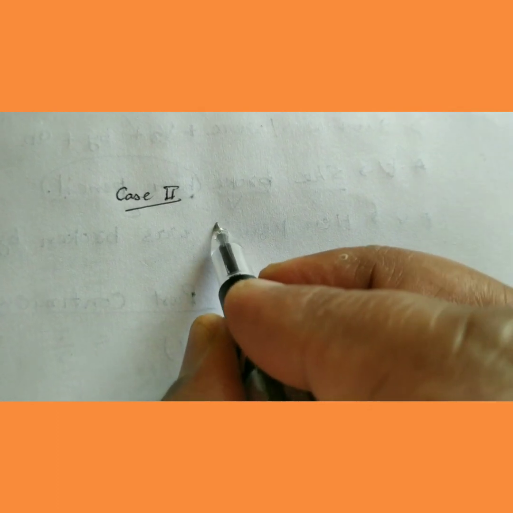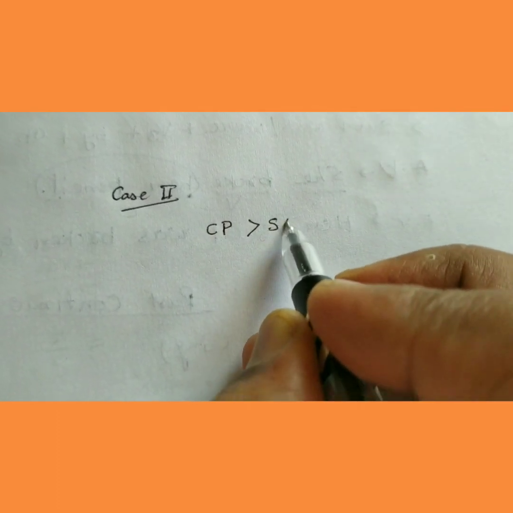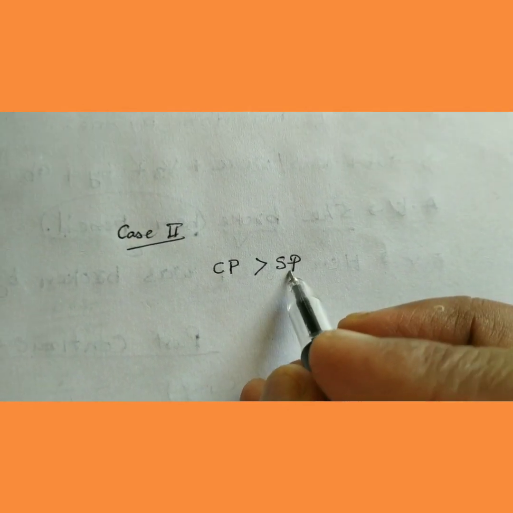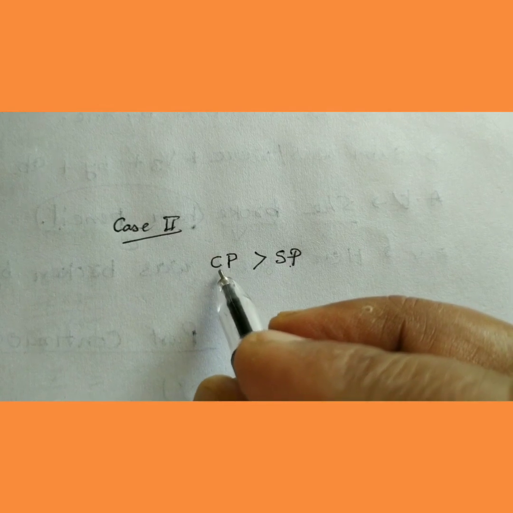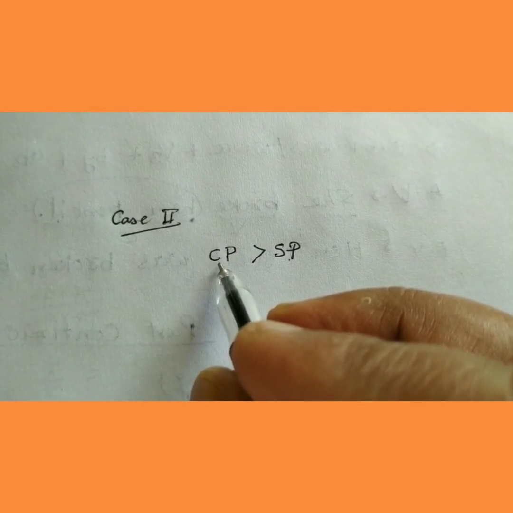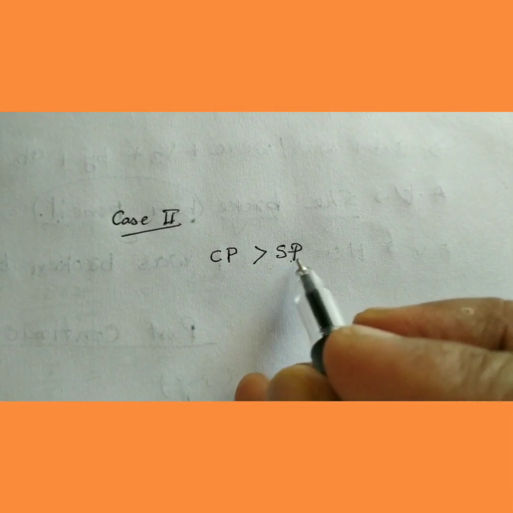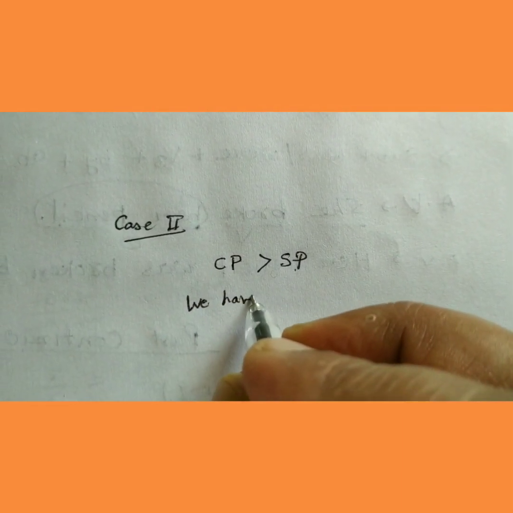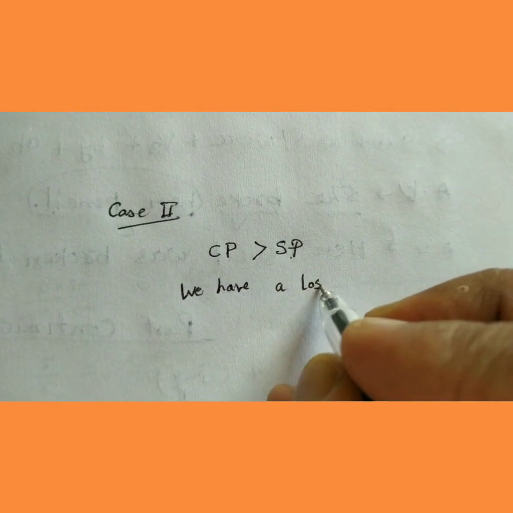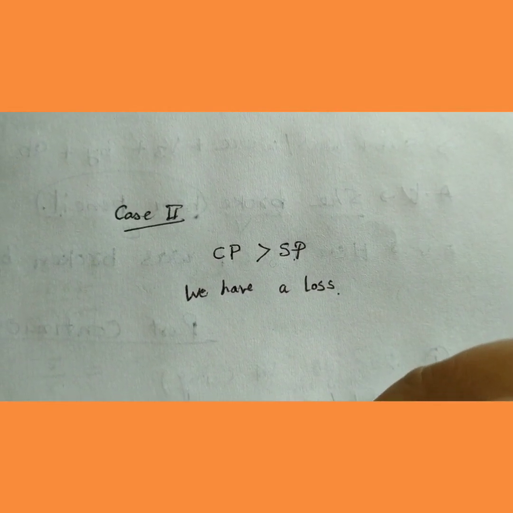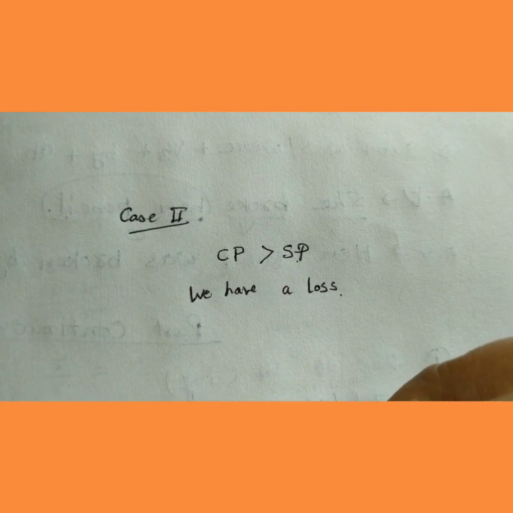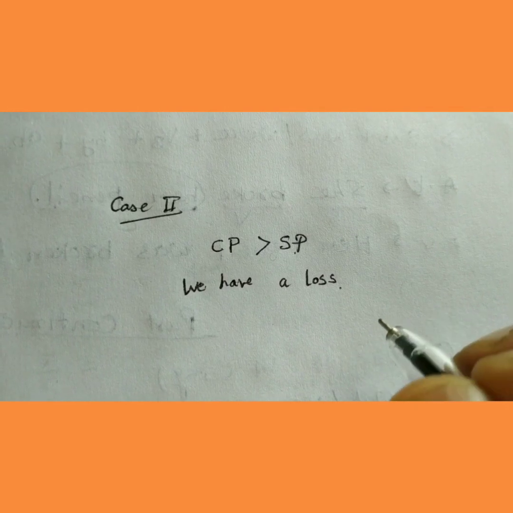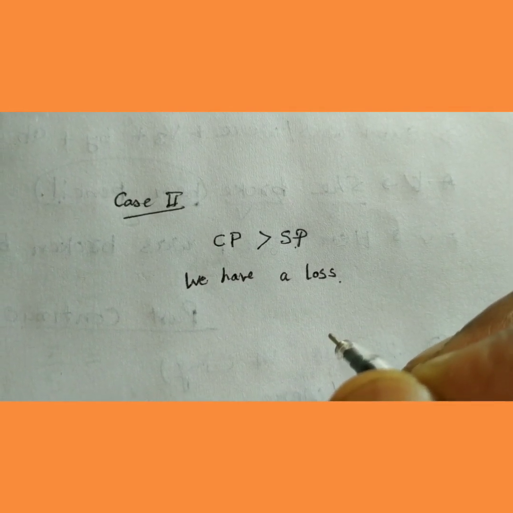When CP is greater than SP, this means that we are selling an article at a price which is less than the cost price of the article, or the cost price is greater than selling price. This means that we have a loss. For example, suppose you buy a pen for ₹5 and sell it to your friend in ₹4.